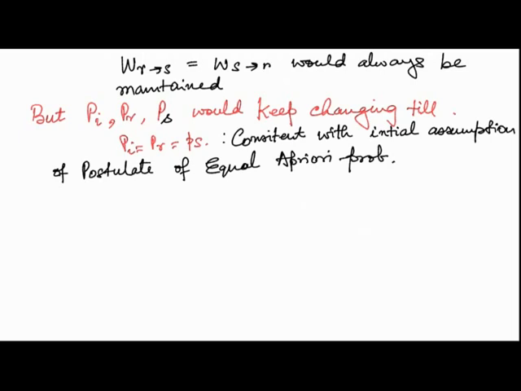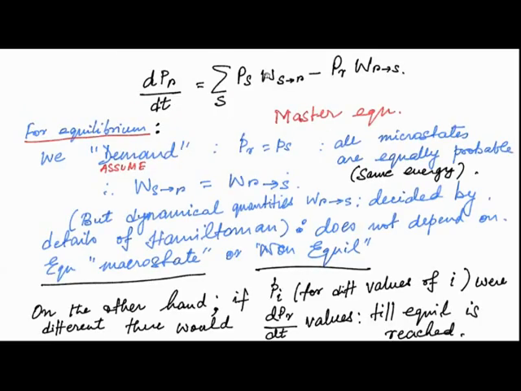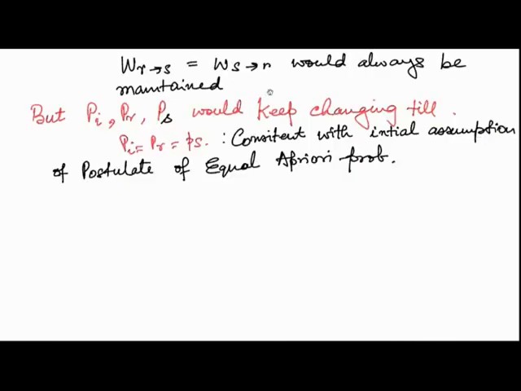So if by chance different microstates had different probability, right? Now since WRS equals WSR, that would give a net probability current, such that, suppose PR is greater than PS, then there would be a net flow of probability.